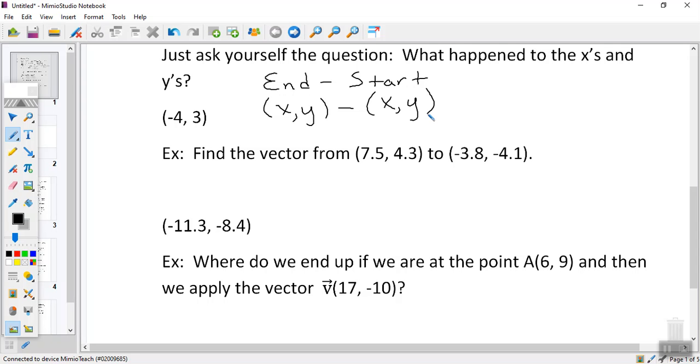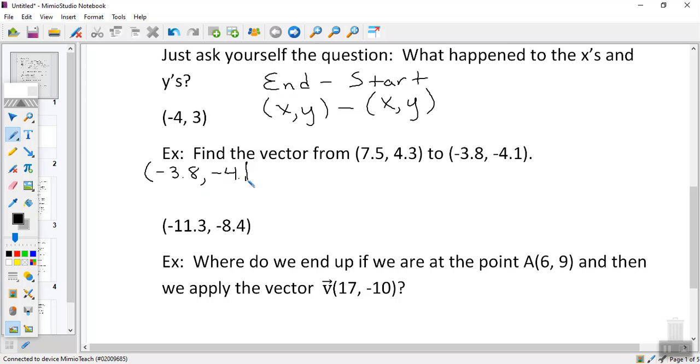So if I had an example like this, kids, it says find the vector from 7.5 comma 4.3 to what? Okay, what's my end point? Negative 3.8 comma negative 4.1. So we do the end point minus the start point.